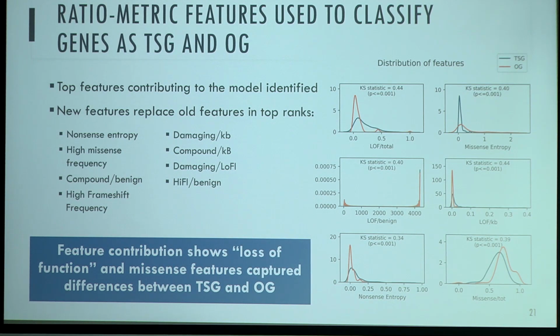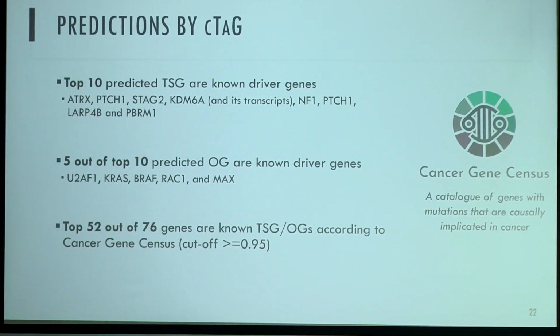Our feature contribution shows that loss of function and missense features captured a lot of differences between the TSGs and OGs. Some of our predicted tumor suppressor genes are already known driver genes, and many of our top predicted oncogenes are also known driver genes. This is basically validation against literature. This is what we've done.